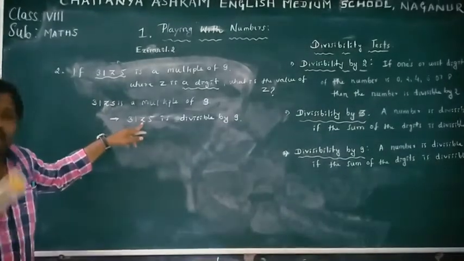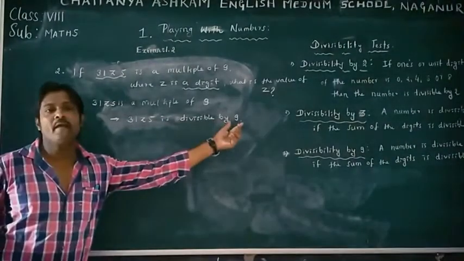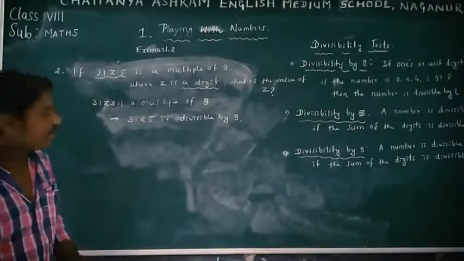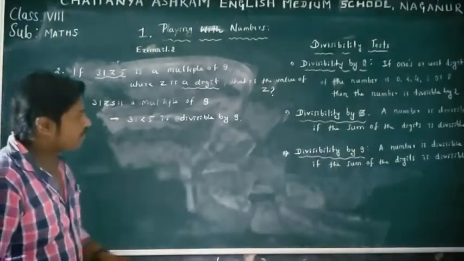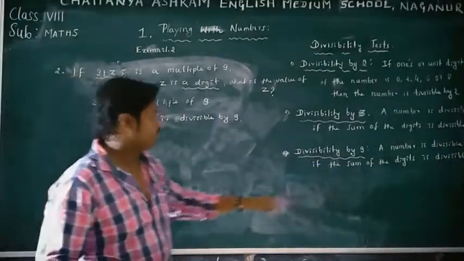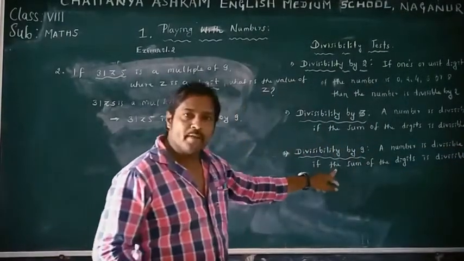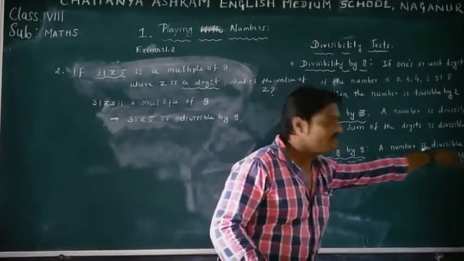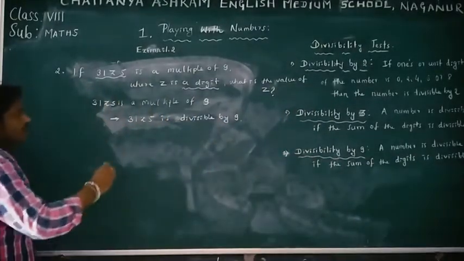Or for what values of Z is this 4-digit number divisible by 9? To find the values of Z, I use the divisibility rule of 9. What does it state? A number is divisible by 9 if and only if the sum of the digits is divisible by 9. I use that concept.